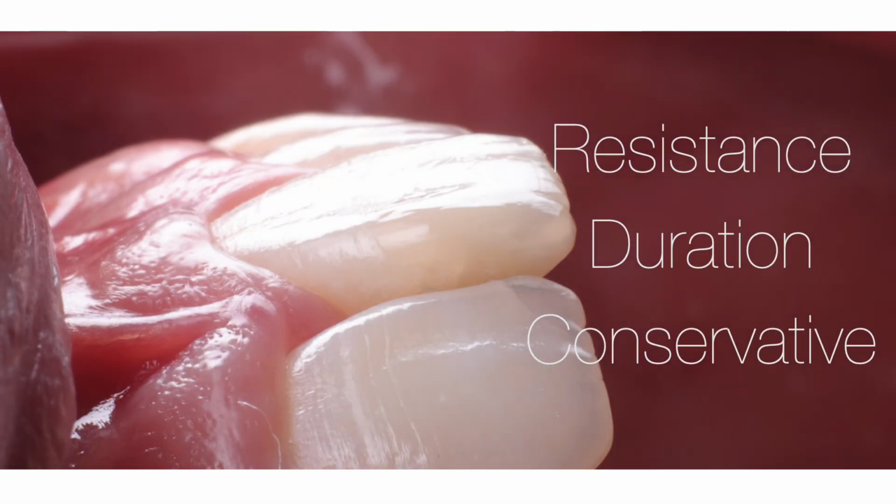So, as I said before, I'm always trying to defend composites against porcelain, but I'm not competing with porcelain. We all know the difference between them and the advantages in the long term that porcelain offers us.